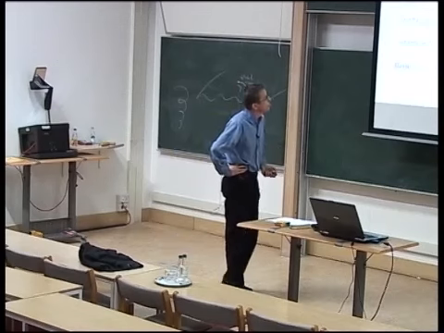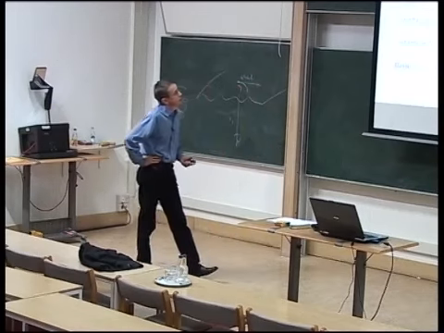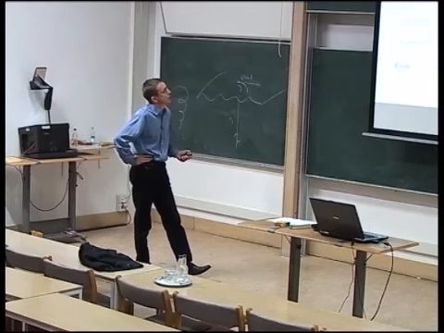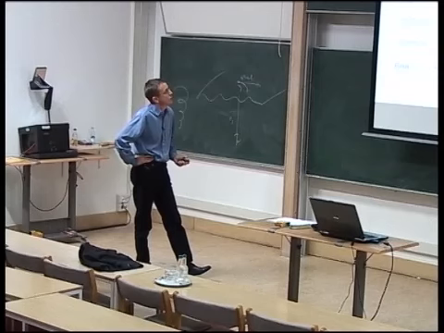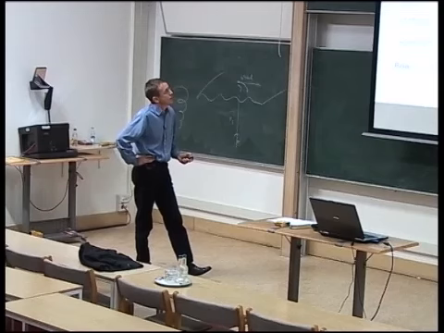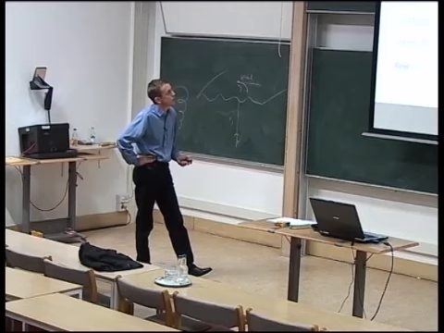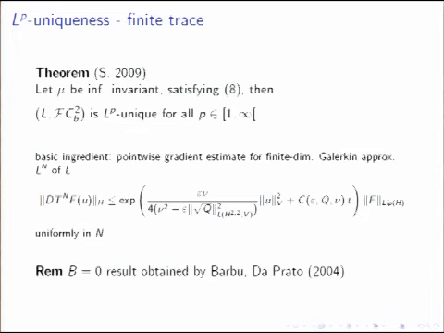And the basic ingredient, as I said, is this pointwise gradient estimate, pointwise because it's an exponential of u showing up here. The epsilon has to be chosen sufficiently small, but as you see, as epsilon approaches 0, this factor in front of this square of u becomes sufficiently small.